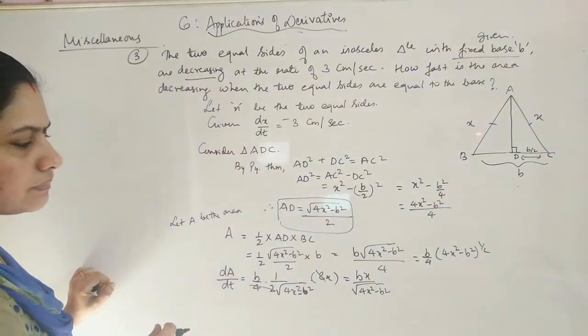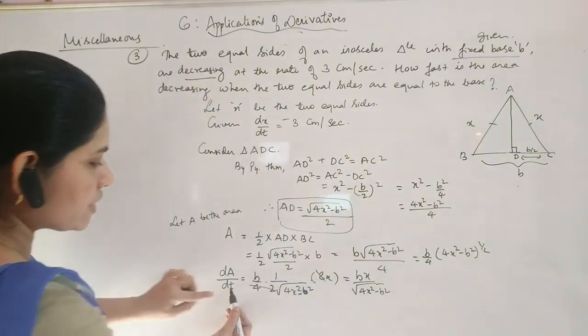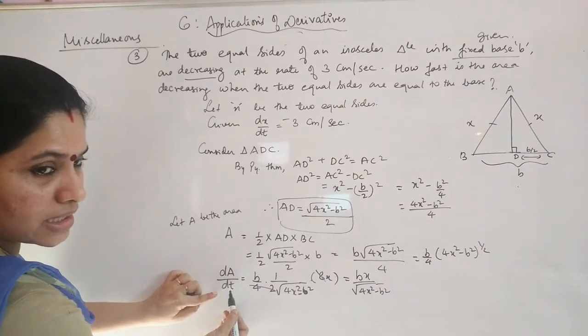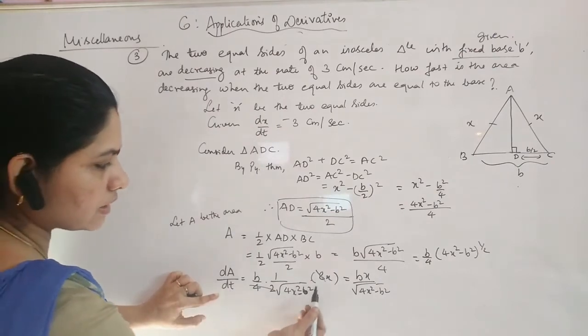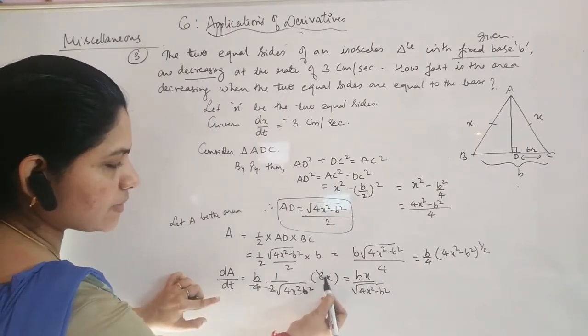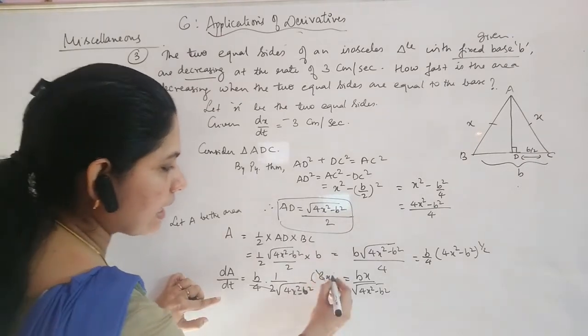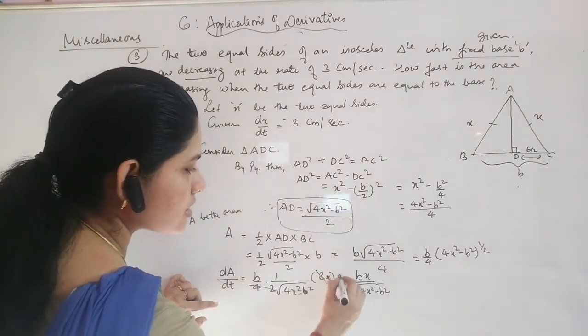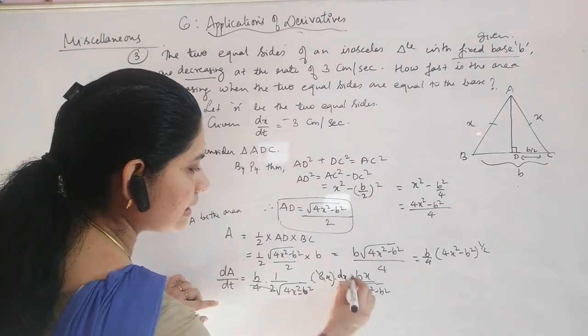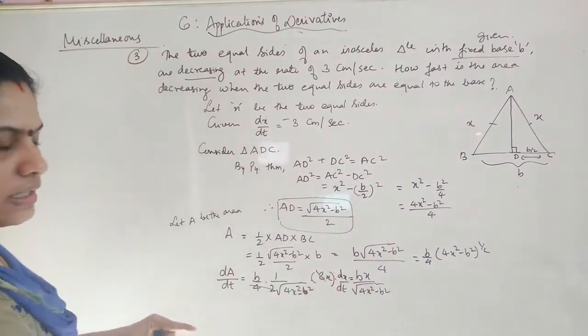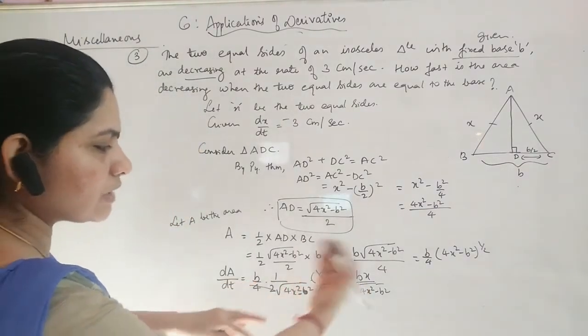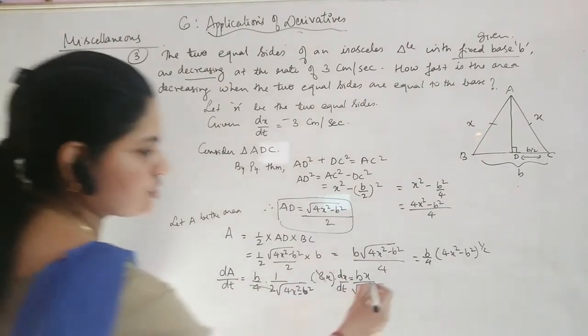What is that? We have differentiated with respect to t. dA by dt means it is with respect to t. But when I differentiated with respect to x, I have to write something which is dx by dt, as in your chain rule, with respect to x, then with respect to t. So dx by dt also should come here.